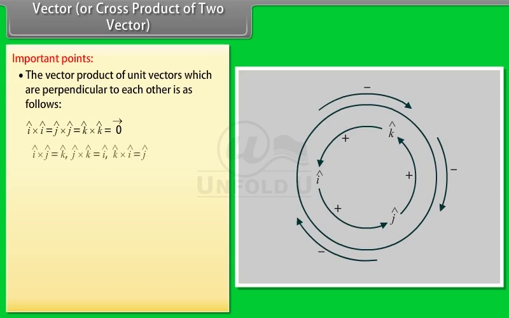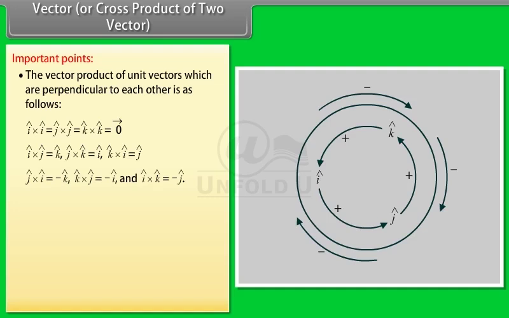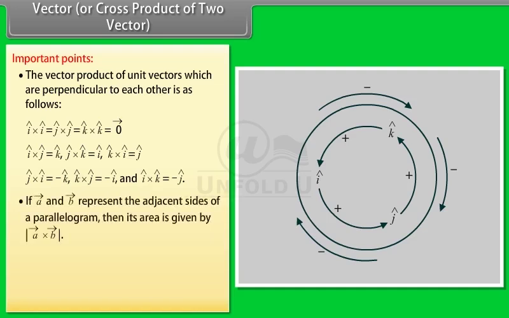Cap I cross cap J equals cap K, cap J cross cap K equals cap I, cap K cross cap I equals cap J. Cap J cross cap I equals minus cap K, cap K cross cap J equals minus cap I, cap I cross cap K equals minus cap J. If vectors A and B represent the adjacent sides of a parallelogram, then its area is given by the magnitude of the vector product of vectors A and B.